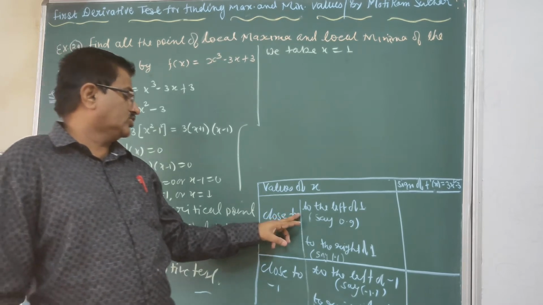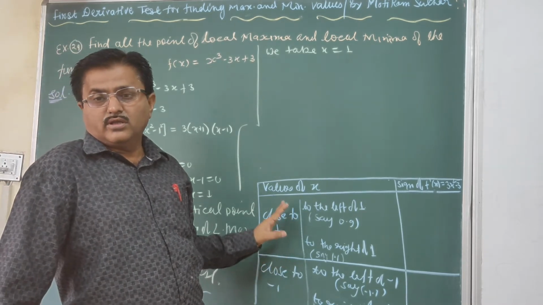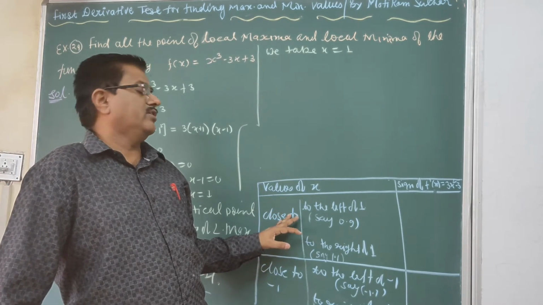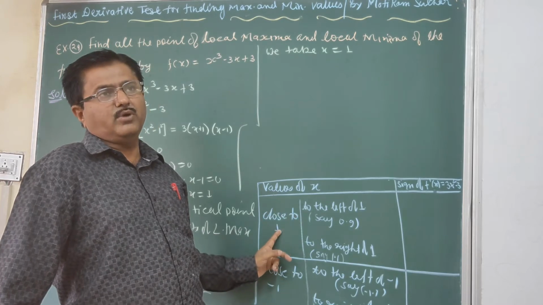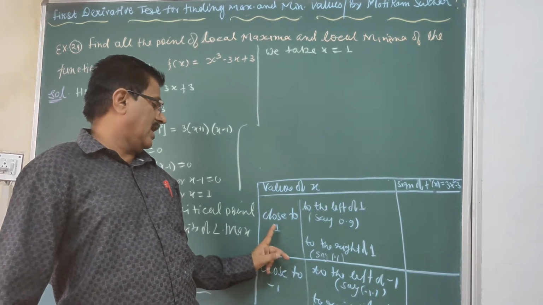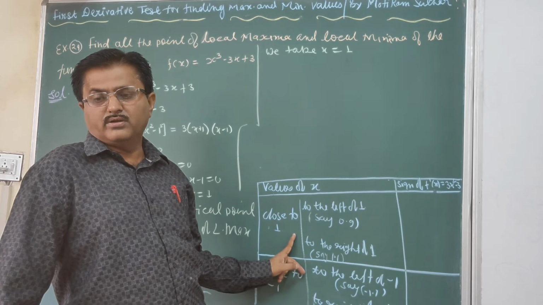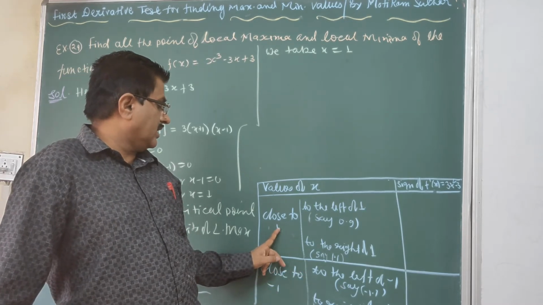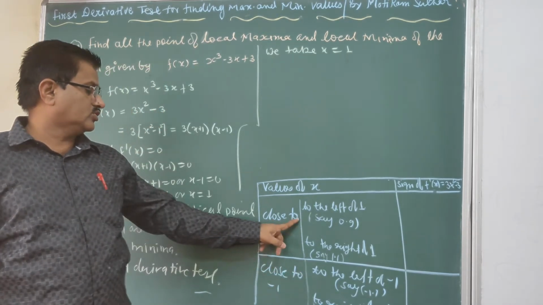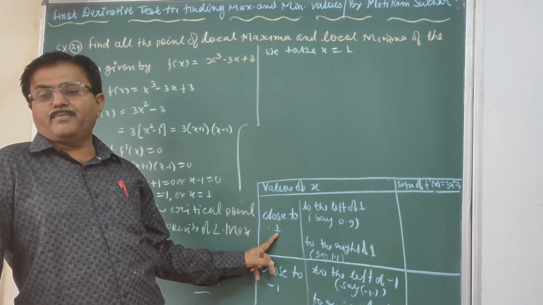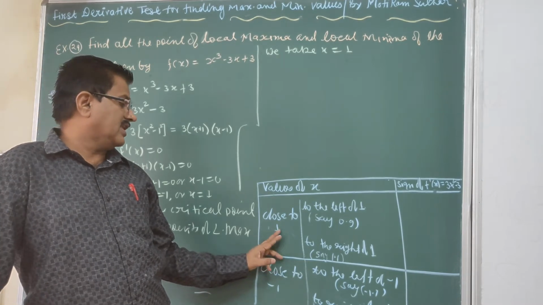Now see close to 1. In the first derivative theorem, we have to check a value close to 1, meaning left of 1 and right of 1. Clear? If you take the left of 1, it is less than 1.